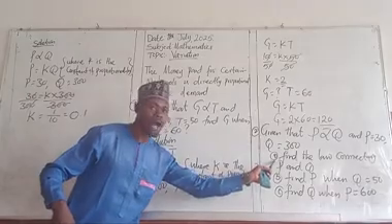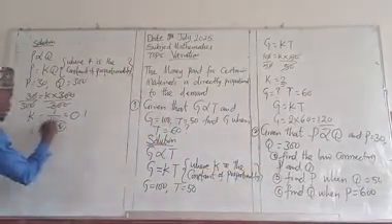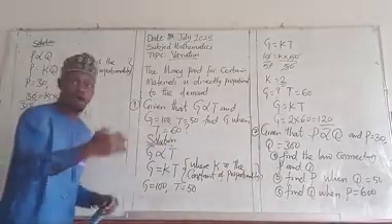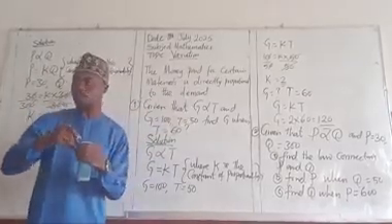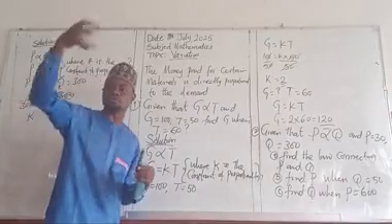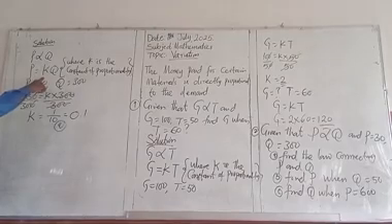After you solve that, you now go to question 1, A. The question is: find the law connecting P and Q. How can you find the law connecting P and Q? You just substitute the value of K into this formula. That is all.